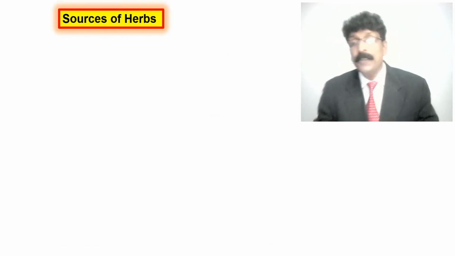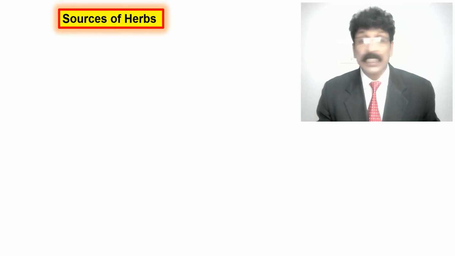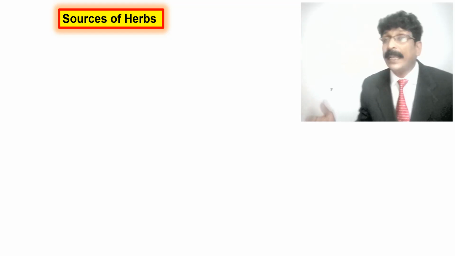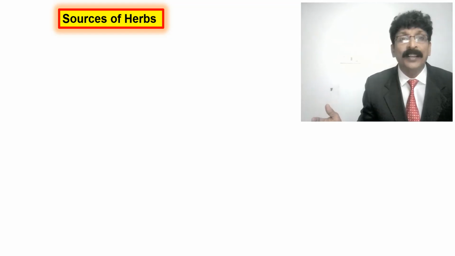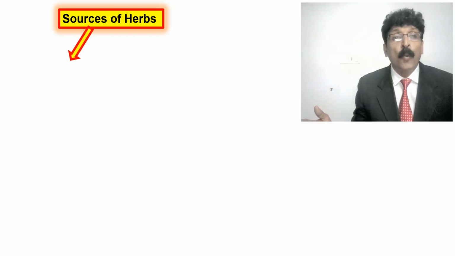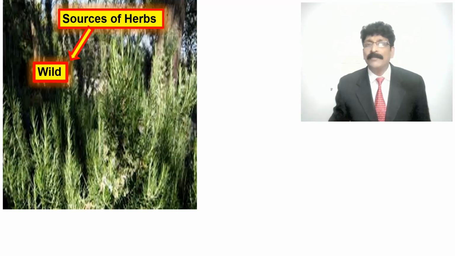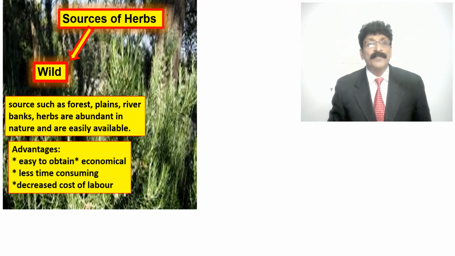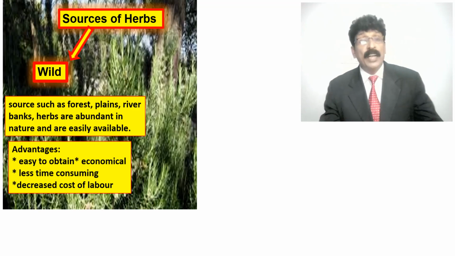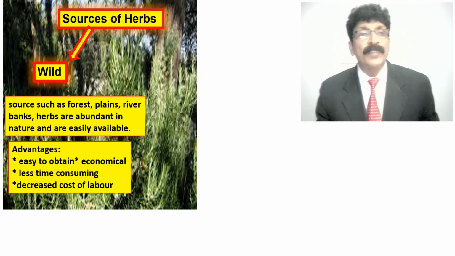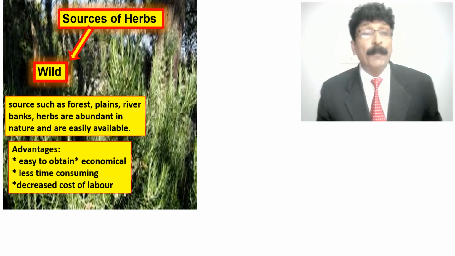Sources of herbs. First we start with the sources of herbs: from where are you getting them, and how can you distinguish them? In two ways. One is wild. You see here, wild from the forest, sources such as forests, plains, river banks.